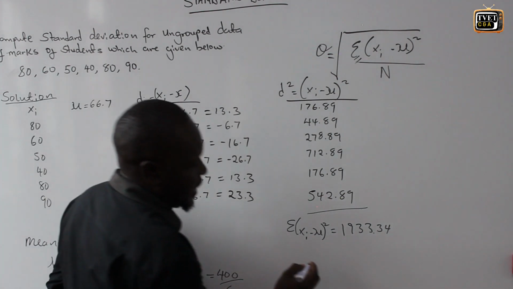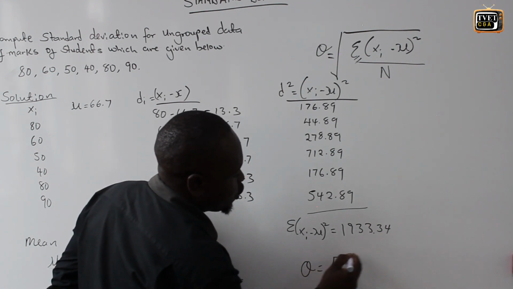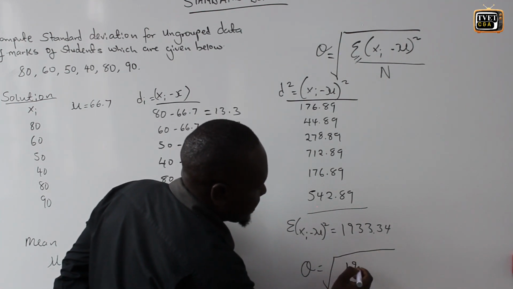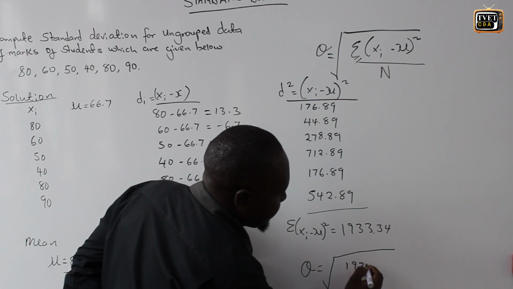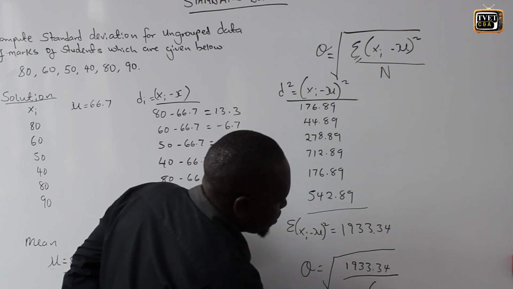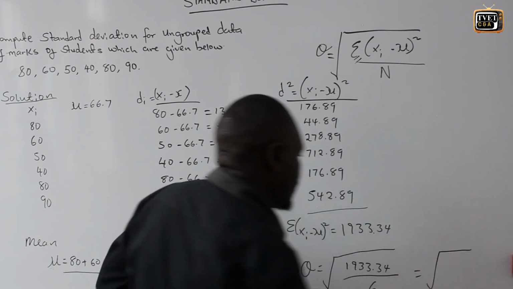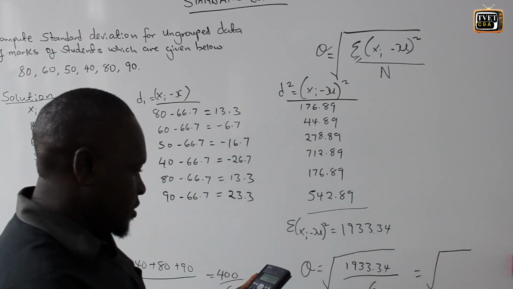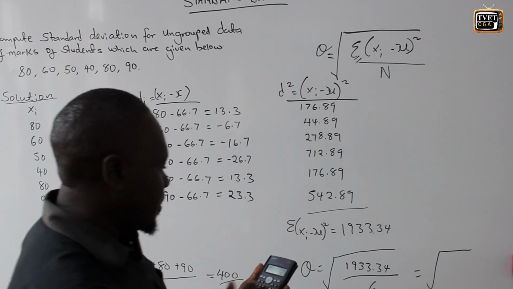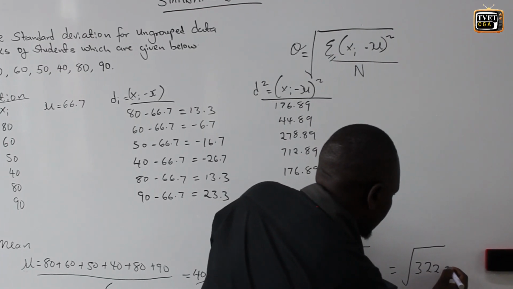So the standard deviation is the square root of 1933.34 divided by 6, which is the square root of 322.22.